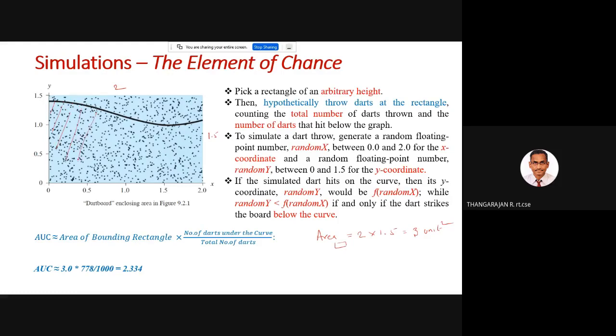The area under the curve is the area of the rectangle minus this. So how will you do that now? Here is where I will generate two random numbers, x and y. X I will generate between 0 and 2, and y I will generate between 0 and 1.5.